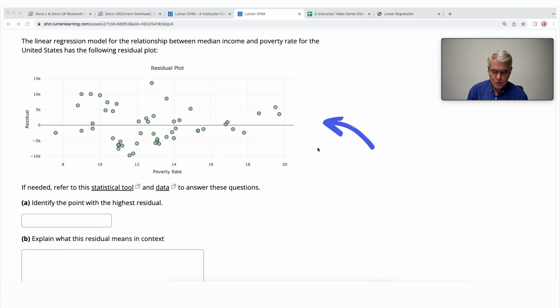But for this question, we've reversed them so that poverty rate is now in the X position as the predictor and median income as the outcome predicted variable, which you can't see because we only have this residual in the prompt, but you know that poverty rate is in the X position. So median income must have been in the Y position.